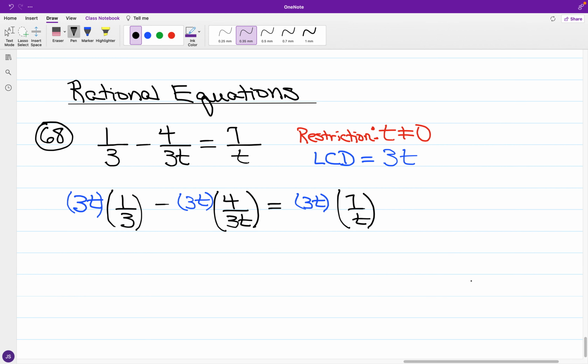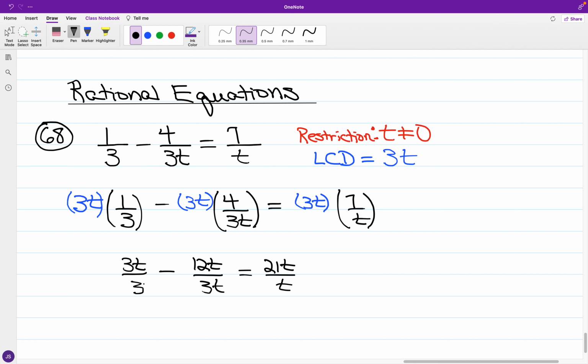Looking at what we have upon clearing out the fractions: 3t times 1 is 3t over 3, minus 3t times 4 is 12t over 3t, and 3t times 7 is 21t over t.